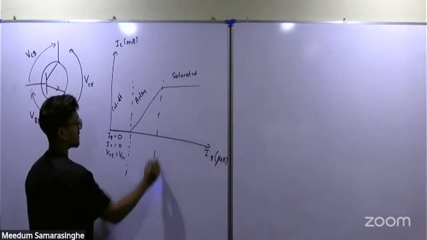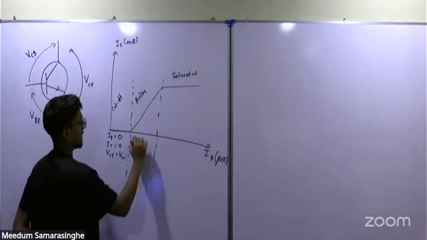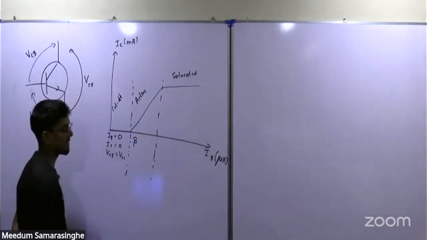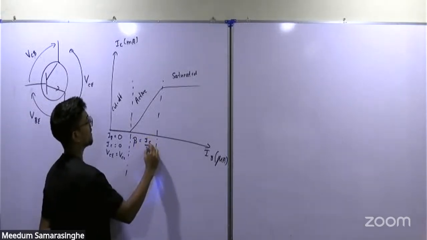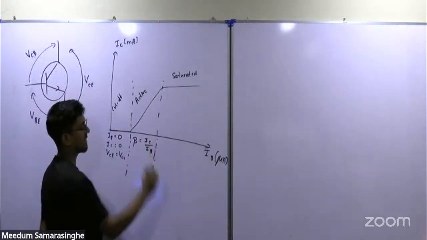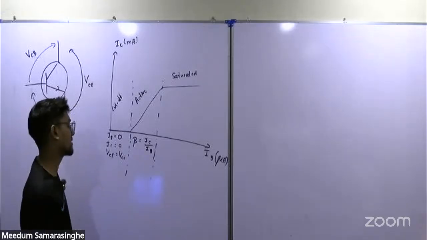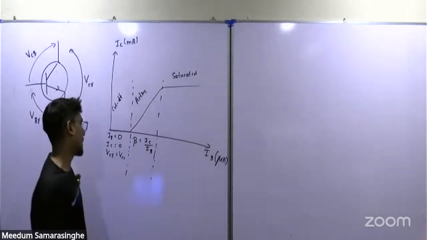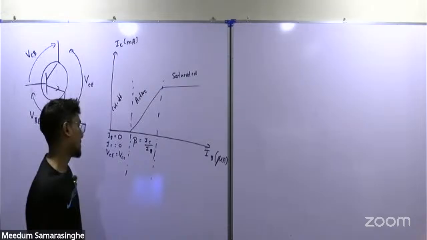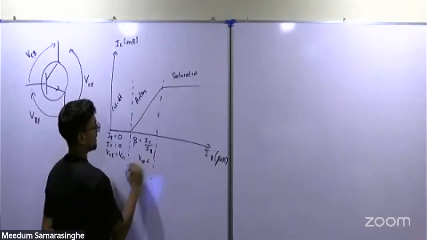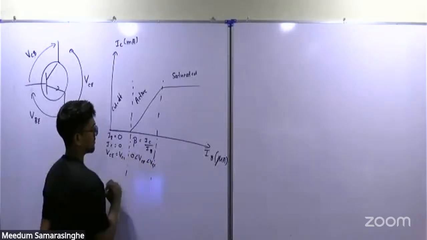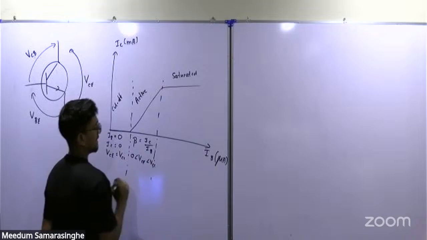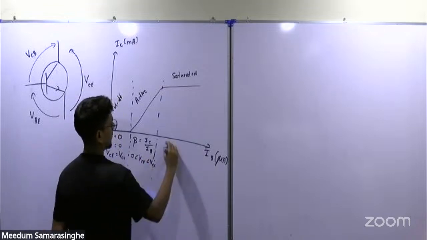In the active region, you can write beta. There is a thing called current gain, that is IC over IB. The ratio between the collector current and the base current is known as the current gain. And in the active region, VCE lies in between VCC and 0. In the saturated region, you cannot apply this.